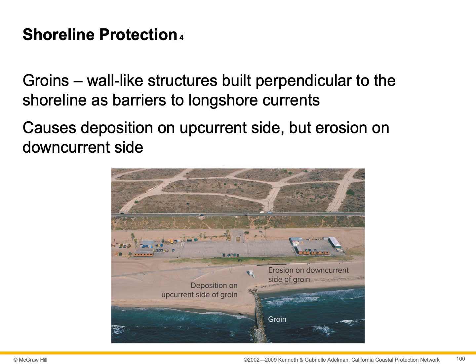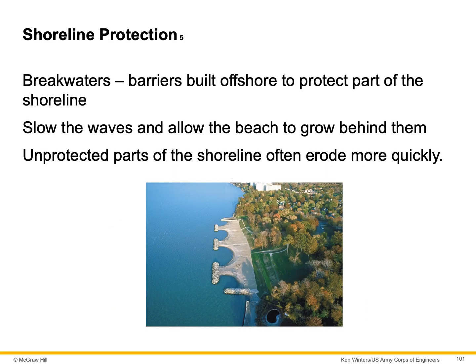This groin was built across from the LA International Airport. Breakwaters can be built. These are barriers that are built offshore to protect part of the shoreline. It slows the waves and allows the beach to grow behind them. The unprotected parts of the shoreline often erode more quickly when these are built.